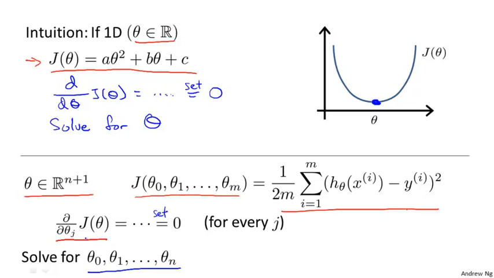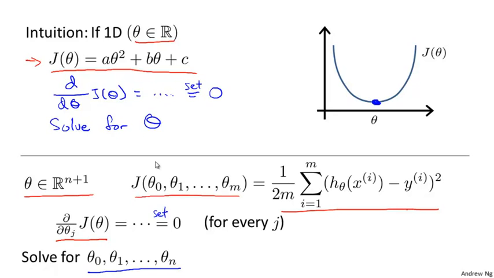But what I want to do is just tell you what you need to know in order to implement this process so that you can solve for the values of the thetas that corresponds to where the partial derivative is equal to 0, or equivalently, the values of thetas that minimize the cost function J of theta. And I realize some of the comments I may have made more sense only to those of you that are a little more familiar with calculus. But if you're less familiar with calculus, don't worry about it. I'm just going to tell you what you need to know in order to implement this algorithm and get it to work.